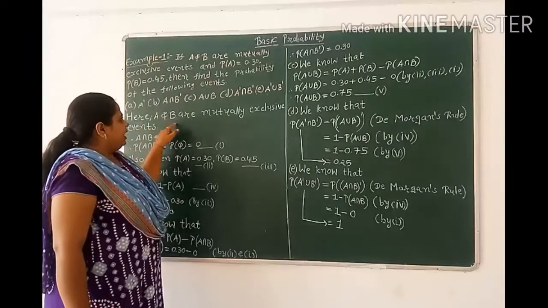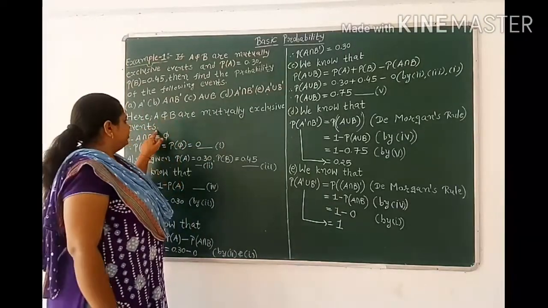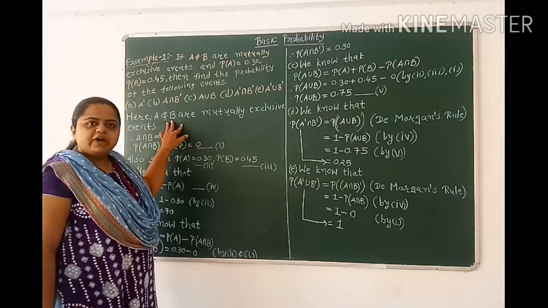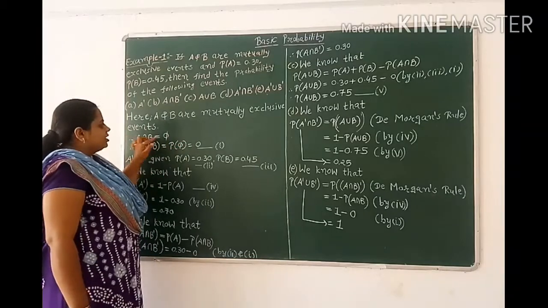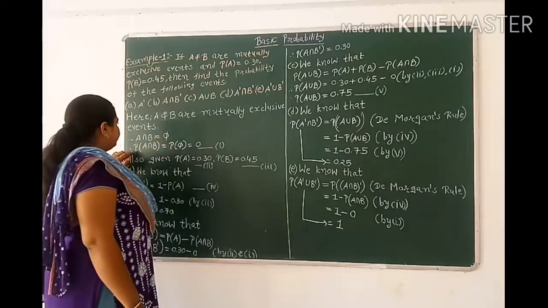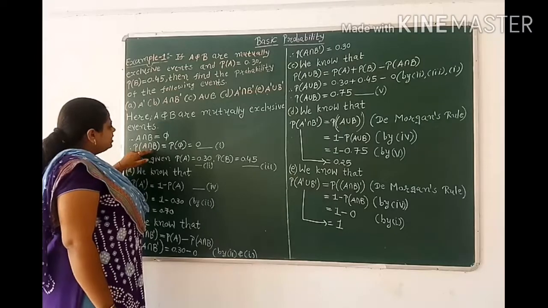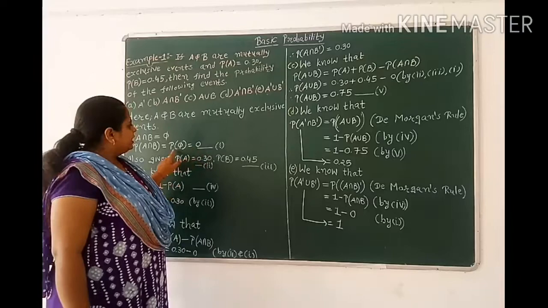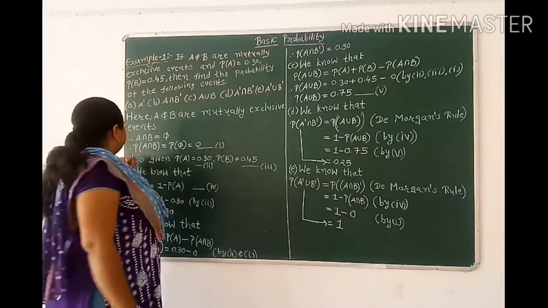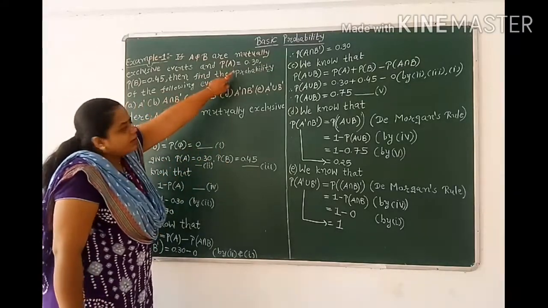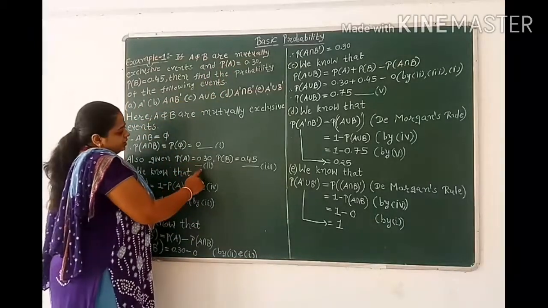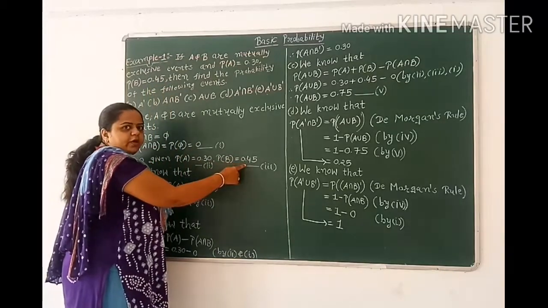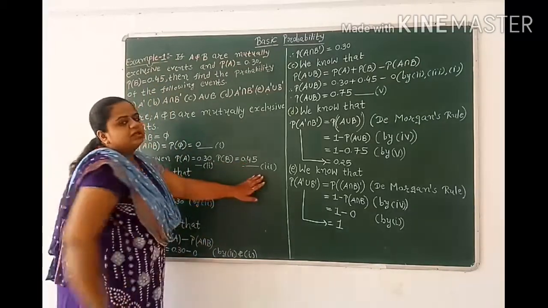Now here, A and B are mutually exclusive events. That is, the intersection of both events is phi. So, A intersection B equals phi. Therefore, probability of A intersection B equals P of phi equals 0. Call this equation number 1. Also given P of A equal to 0.30, equation number 2. And P of B equal to 0.45, equation number 3.